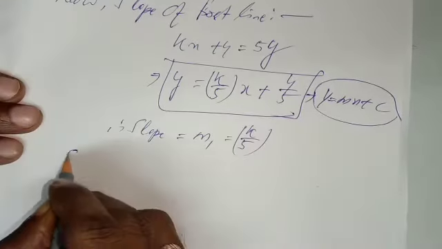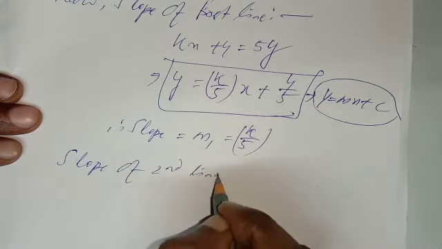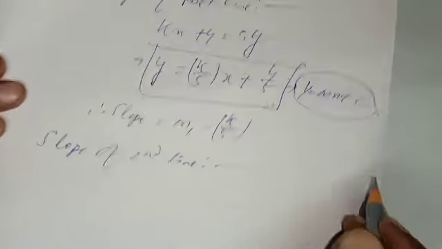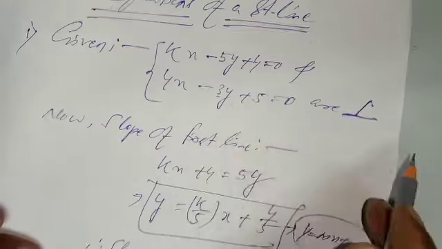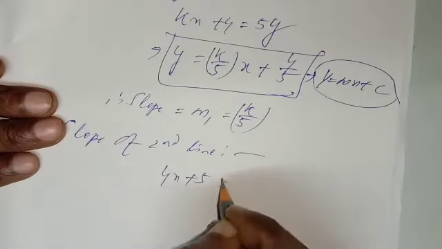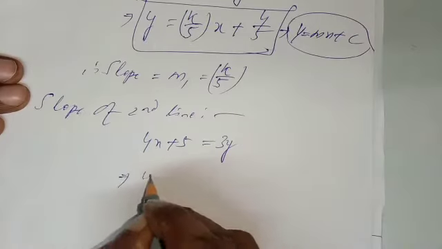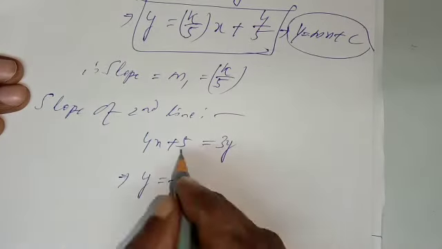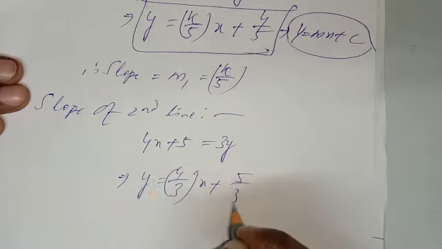Again, the slope of the second line. The second line is given as 4x minus 3y plus 5 equal to 0. Take 3y to that side: 4x plus 5 is equal to 3y. Then y will be 4 by 3 into x plus 5 by 3.